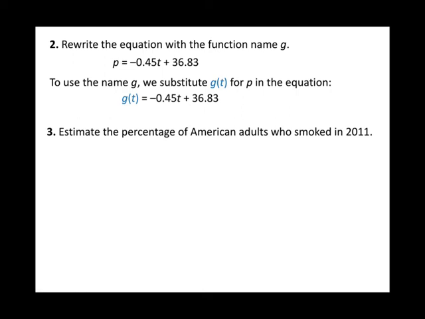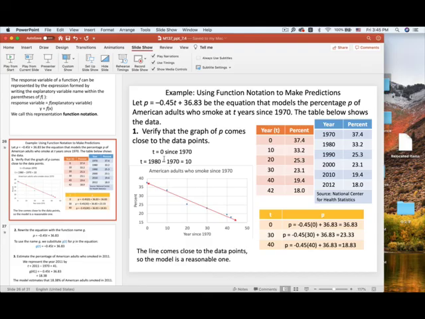Number 3, estimate the percentage of American adults who smoked in 2011. So for 2011, we want to use this linear equation, but remember t equals 0 in 1970.